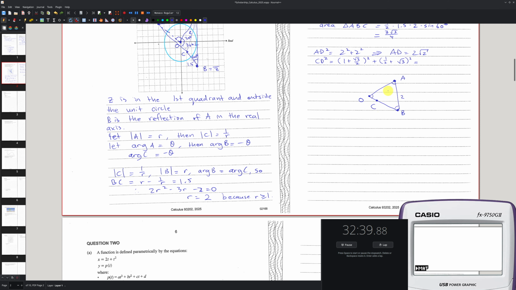So these are all two, and then we have a right angle up here, which is D. Wait, wait. So area of ABCD, right?